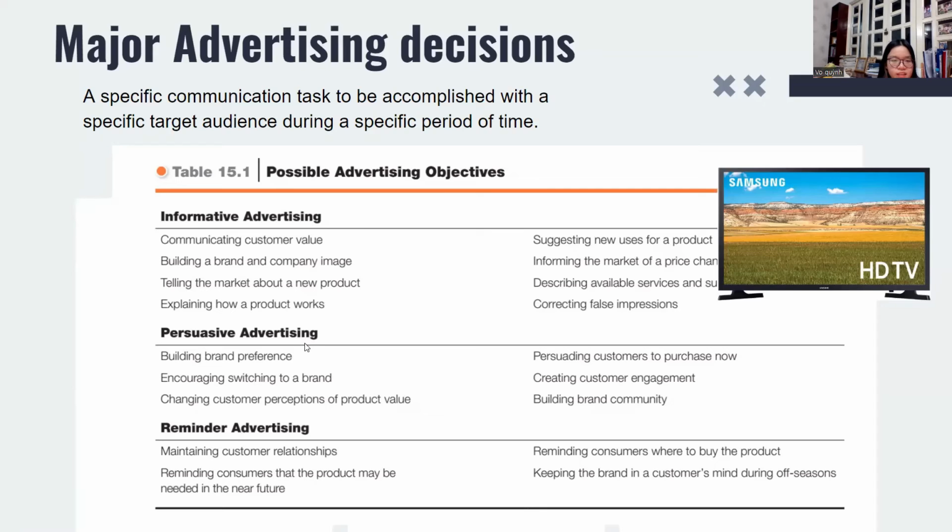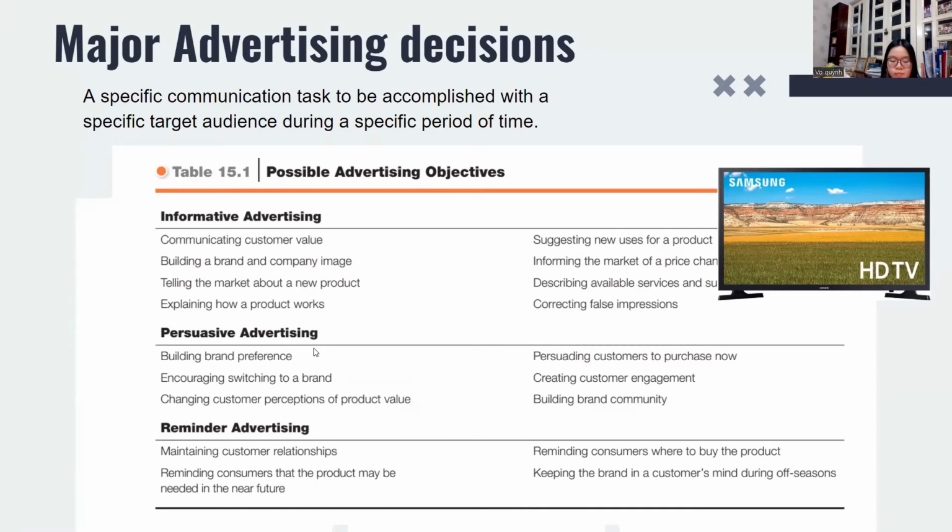In major advertising decisions, the first step is to set advertising objectives. An advertising objective is a specific communication task to be accomplished with a specific target audience during a specific period of time, and it can be classified by its primary purpose. The table lists examples of each of the specific objectives.